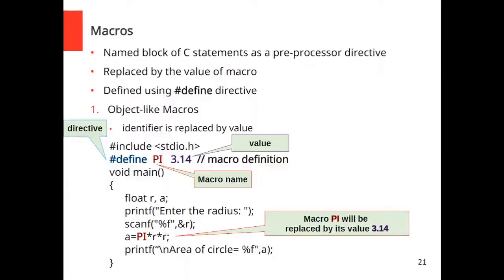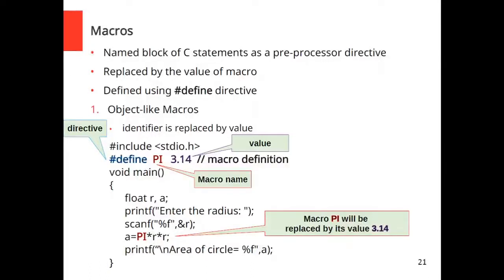The directive used is hash define. Inside the program, we are finding the area of the circle. The radius is given as input and area is calculated as pi into r into r. So we have used the macro name in the program.